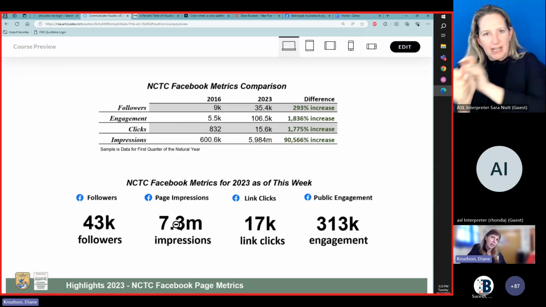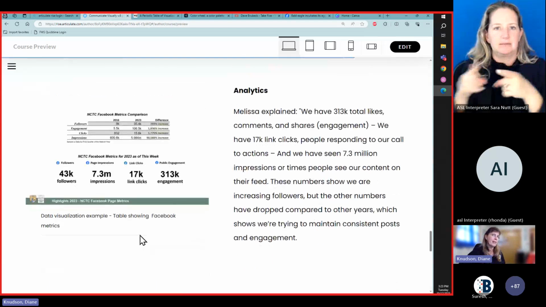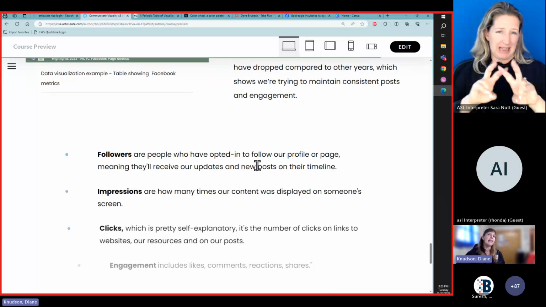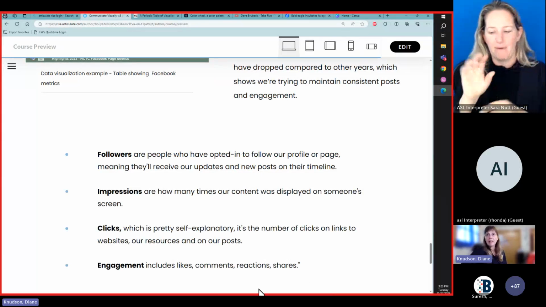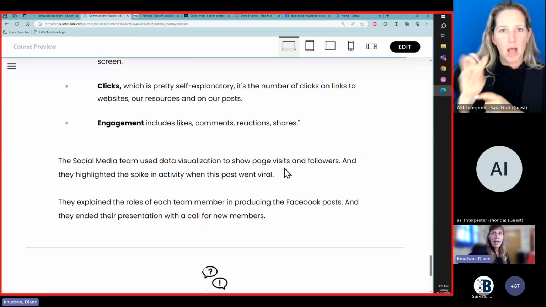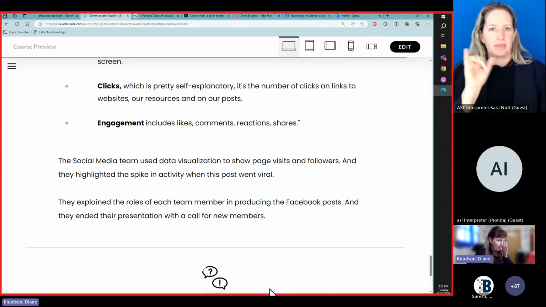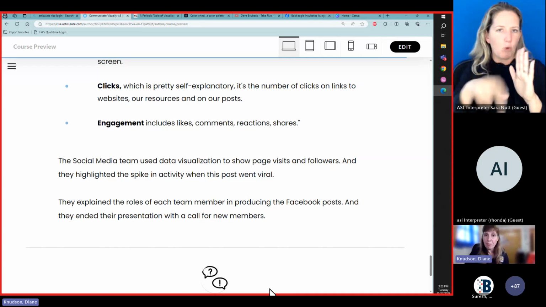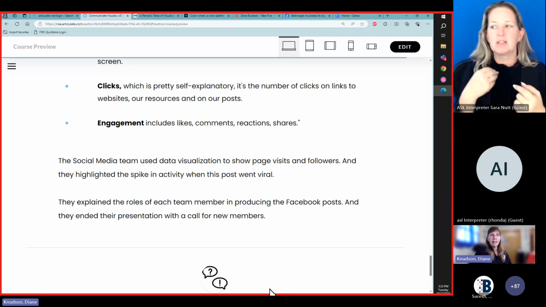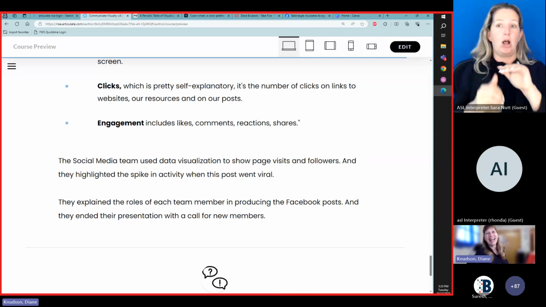These are the numbers that show the number of followers, impressions, clicks, and engagement. And they also explained what those terms mean. So it was very clear to everyone. And they explained each role that each team member had in producing a post. And they ended their presentation with a call for new members. And I was so inspired that I joined up, by the way.